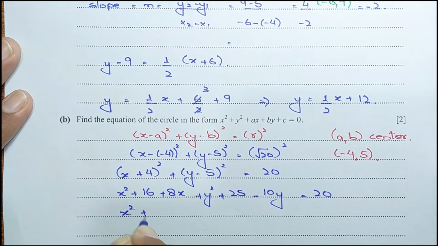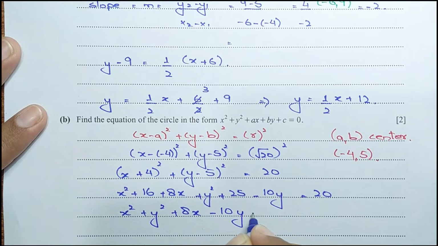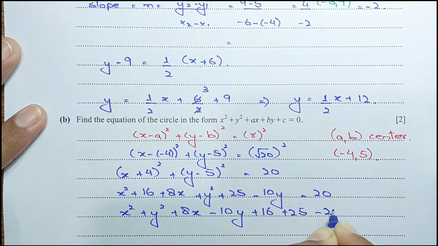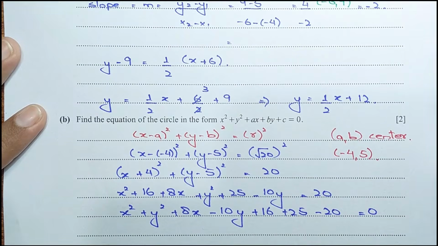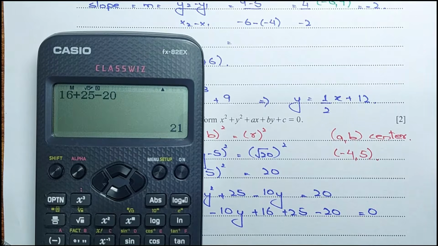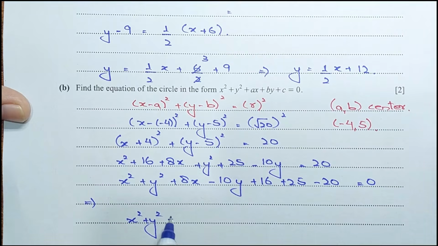So x square plus y square plus 8x minus 10y, and c would be plus 16 plus 25 minus 20, equals 0. Let me simplify: 16, 25 and 20 gives 21. So the equation of the circle in that form is x square plus y square plus 8x minus 10y plus 21 equals 0.